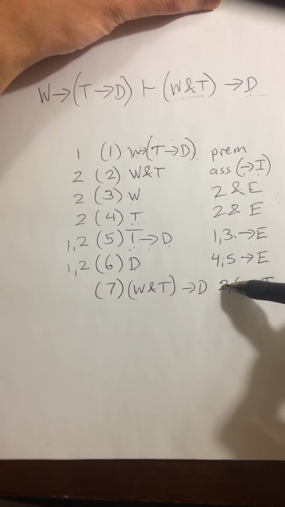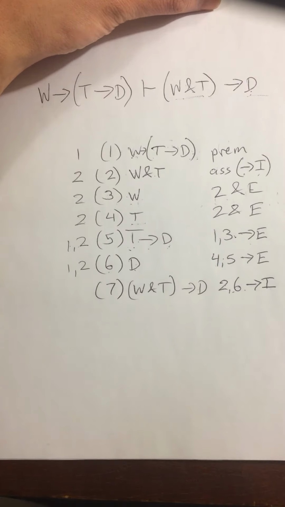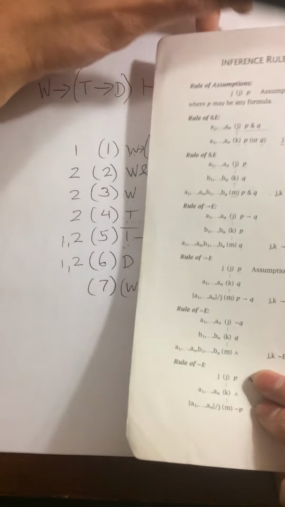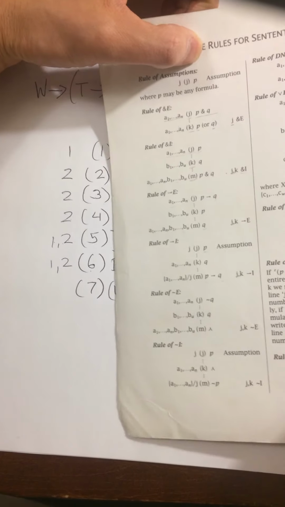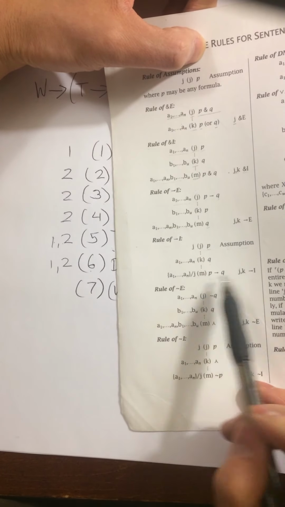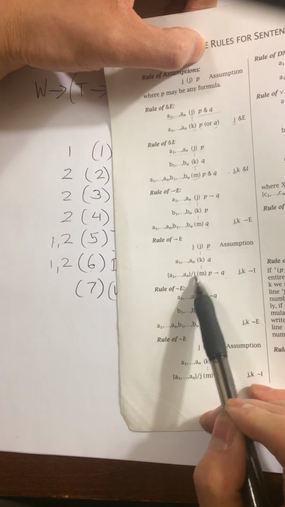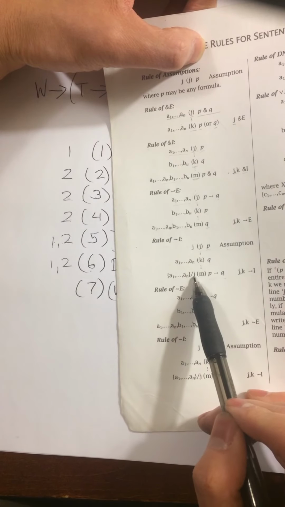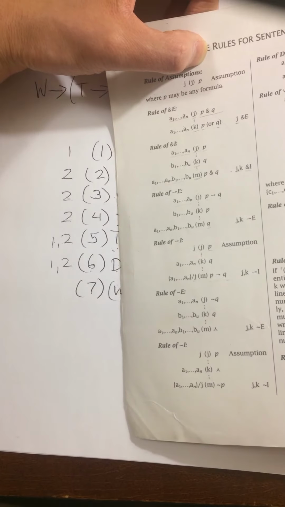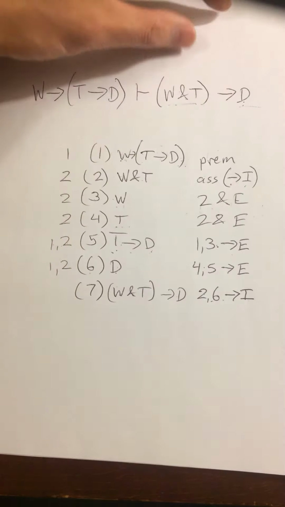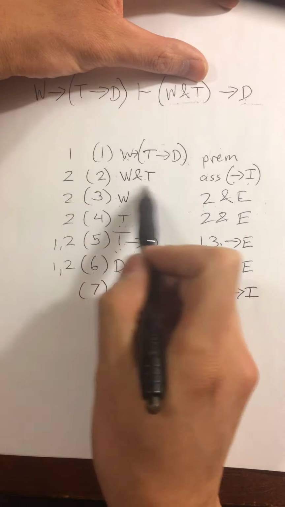So 2 is an assumption, which the schematic says here that 2, or the antecedent rather, does not belong in the dependency numbers. So we have to discharge 2.